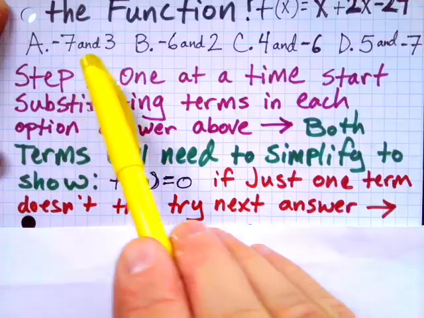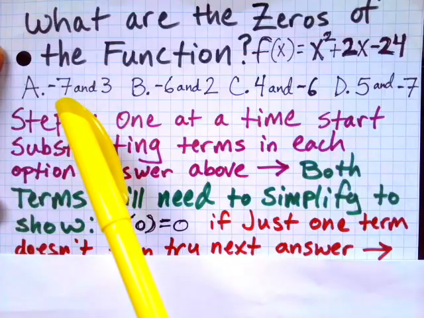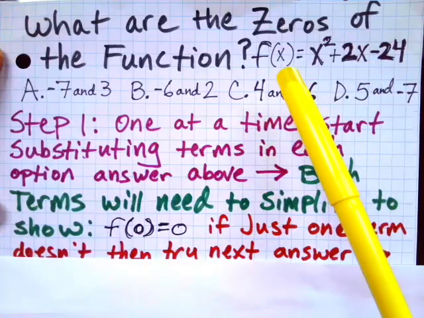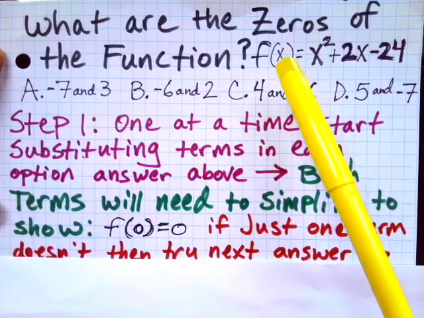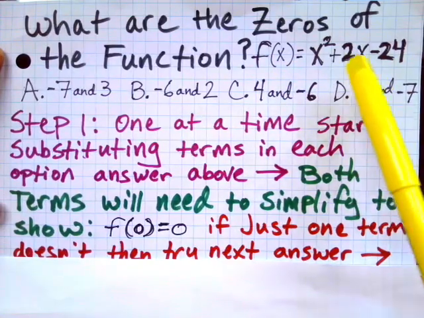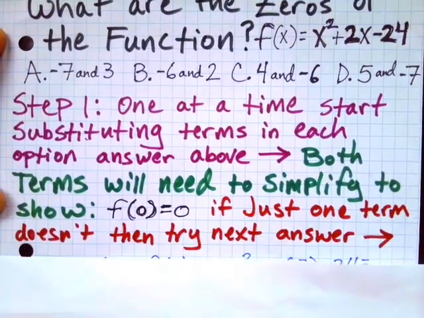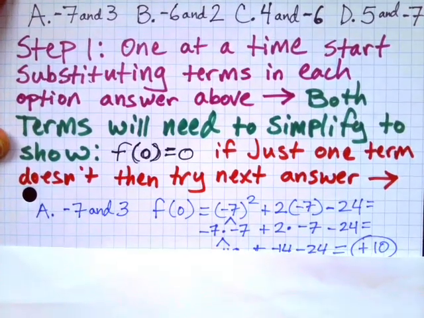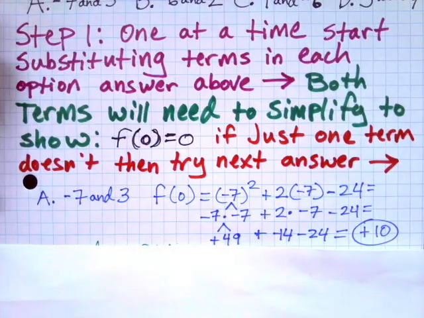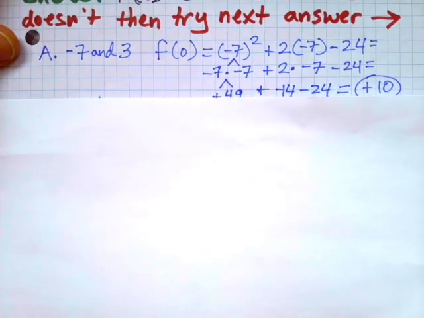I'll take each of these one at a time, and I'm going to substitute, say, -7 for x into this expression. Our goal is to have 0, because f of x equals 0, after I simplify the expression. Down here below, I'm showing step by step what we need to do to achieve that goal.